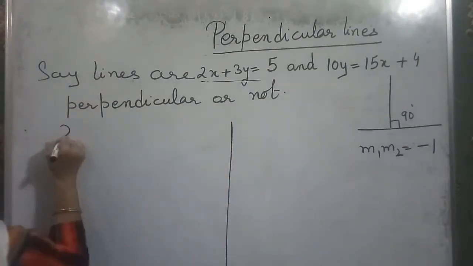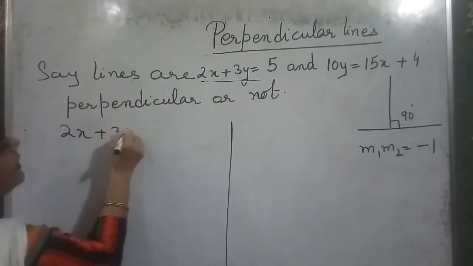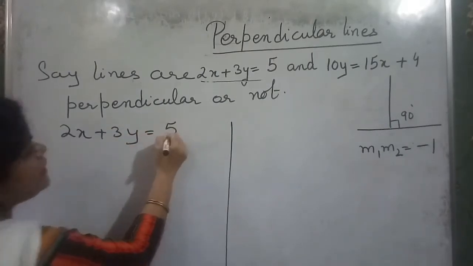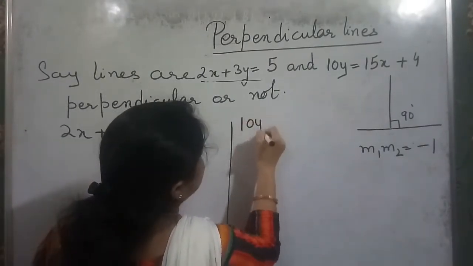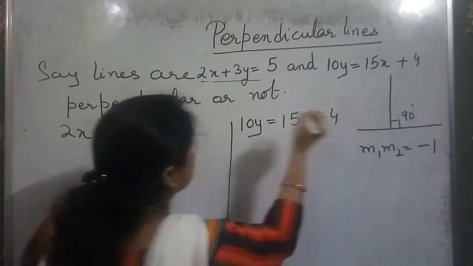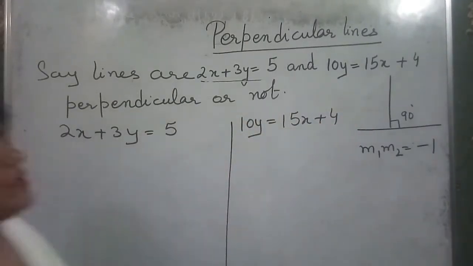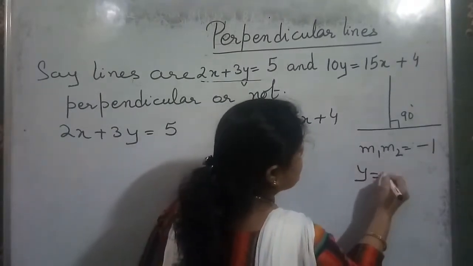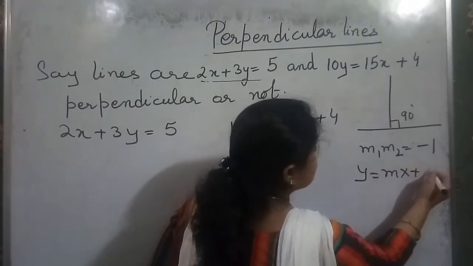We have the equation 2x plus 3y is equal to 5, and here we have the equation 10y is equal to 15x plus 4. We make the equations in the form of y is equal to mx plus c.